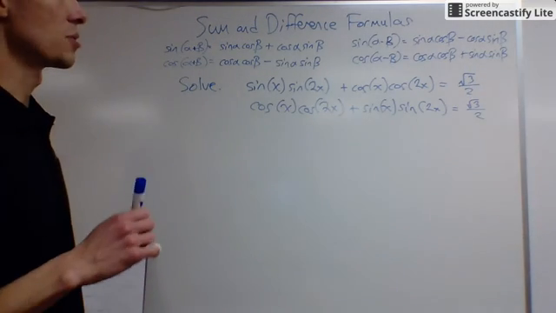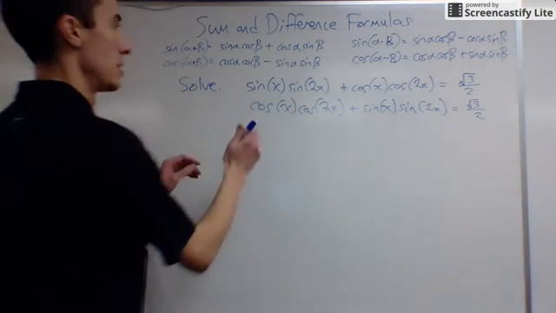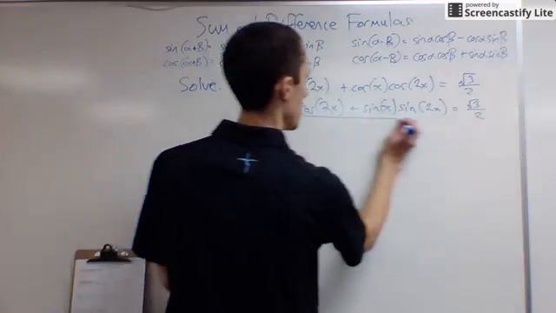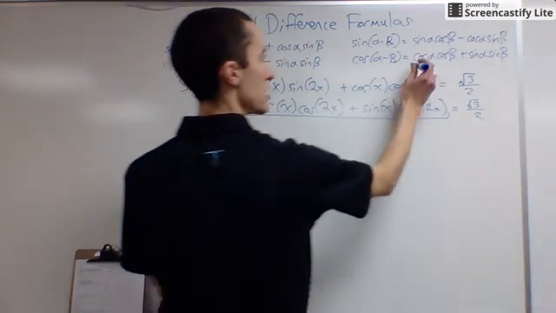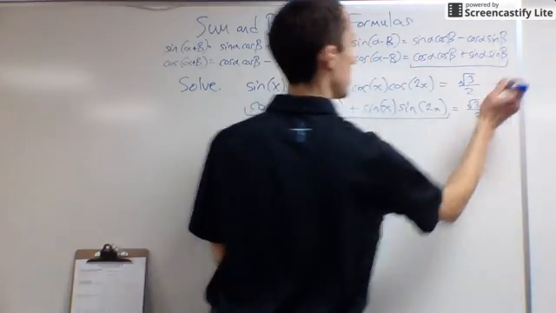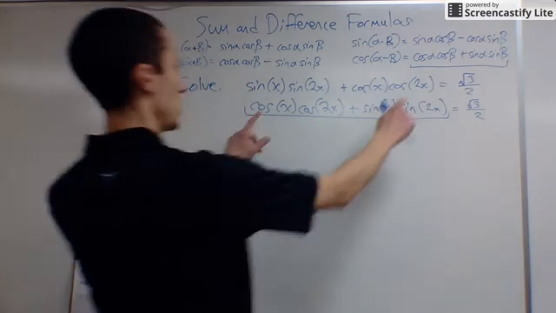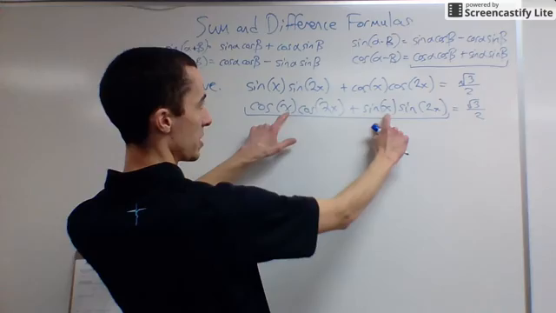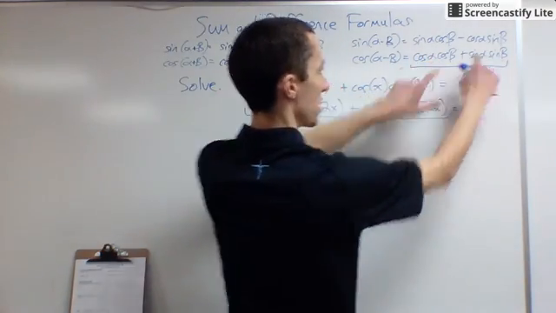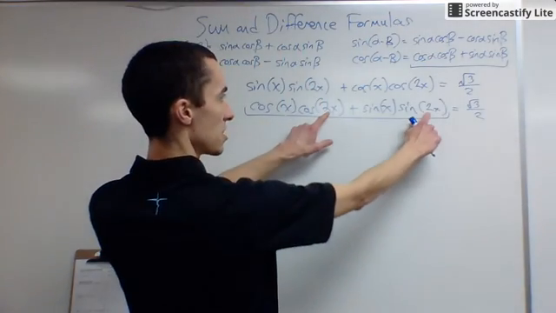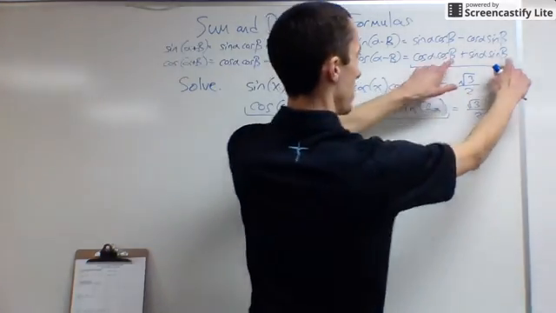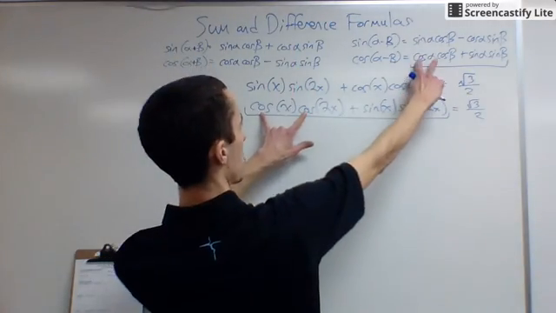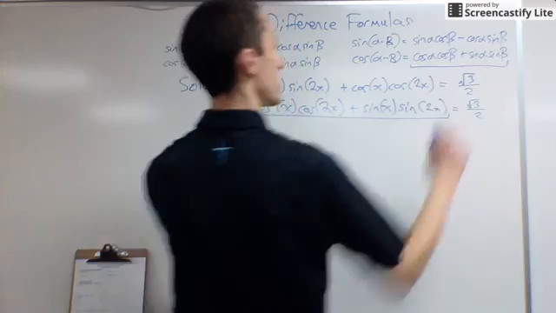Now, what I'd like to point out is this. This expression here looks a lot like that expression there, because we have the x is the same in these two spots, just like alpha is the same here. 2x is the same in these two spots, just like beta is the same there. And we've got cosine, cosine, sine, sine.